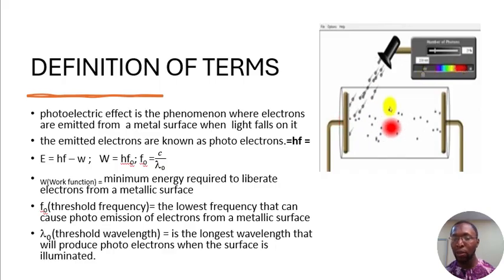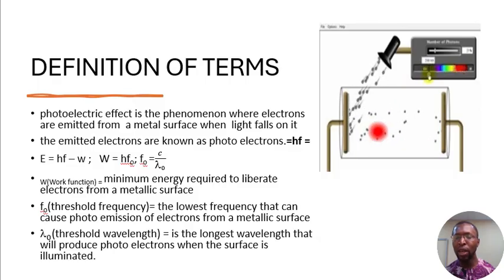Now, these emitted electrons going this direction are known as photoelectrons because they are the electrons produced as a result of what? Photo, light, light.